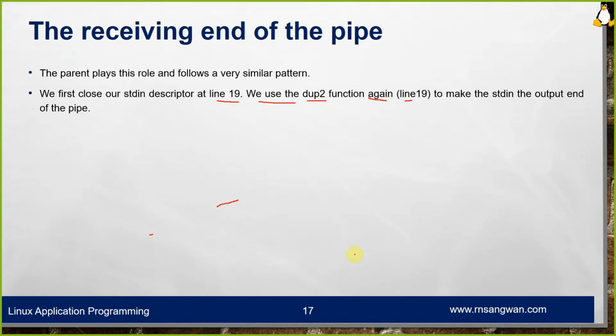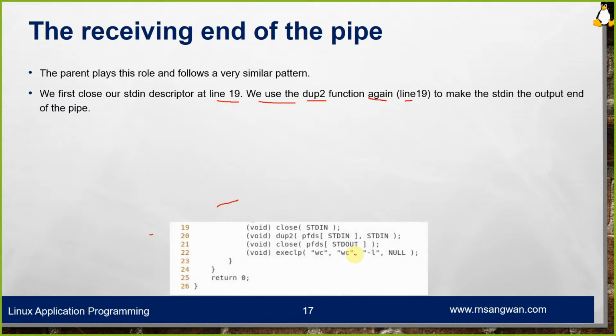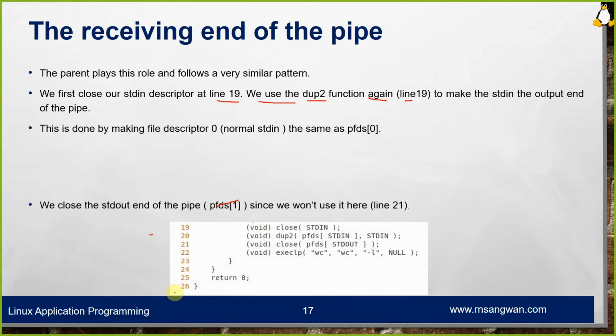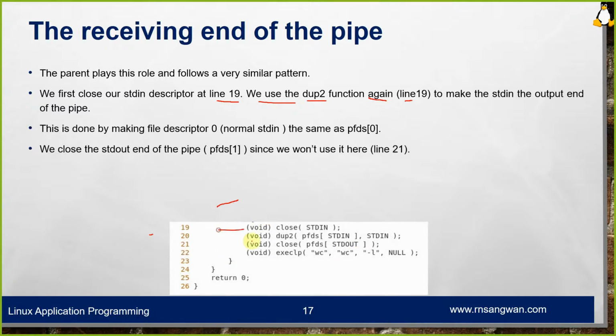To make the standard input the output end of the pipe, this is the code which is referred to here. We close the standard out end of the pipe. In fact, at line number 19, this is done by making file descriptor 0, that is normal stdin, the same as pfd[0].